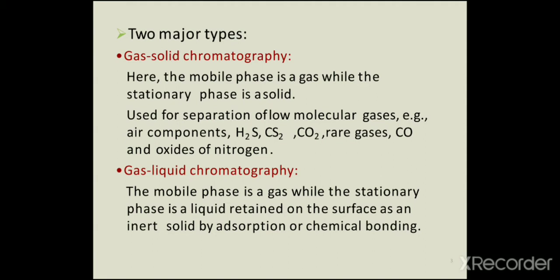It is used for separation of low molecular weight gases, for example air components, hydrogen disulfide, CS2, CO2, rare gases, carbon monoxide and oxides of nitrogen. In the second type, gas liquid chromatography, gases are used as a mobile phase, but here the stationary phase is liquid.